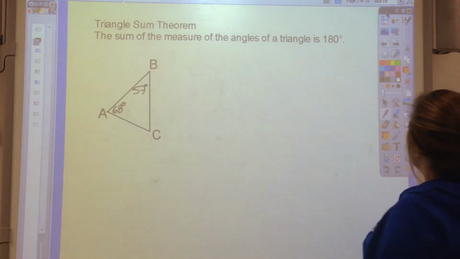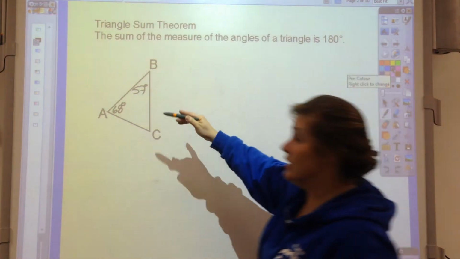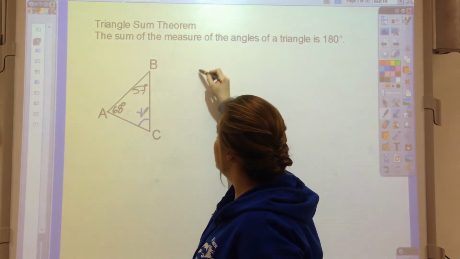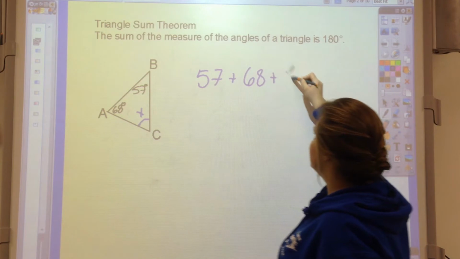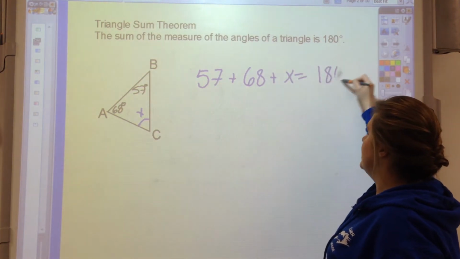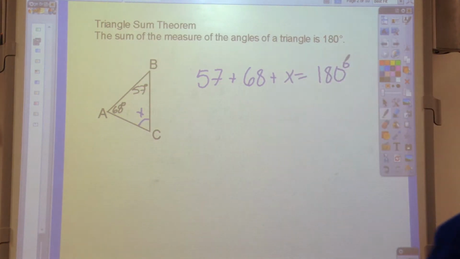That means if I call this angle right here angle x, I know that 57 plus 68 plus x must equal 180 degrees. Now that will allow me to solve for angle x. So first let's go ahead and add 57 and 68 together.